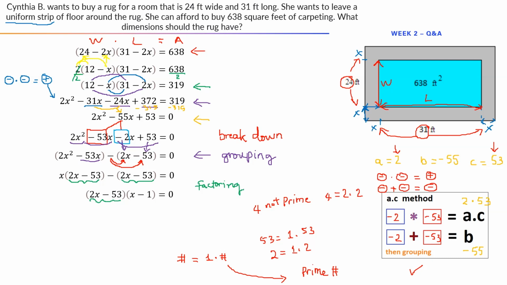Okay, factoring that out. So the first term, we are left with x right here. And then right here, we are left with negative 1. Alright.